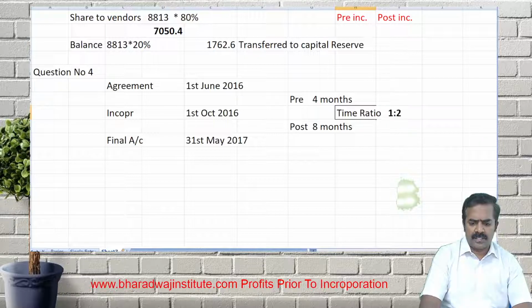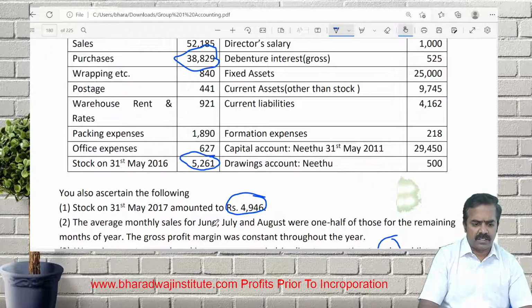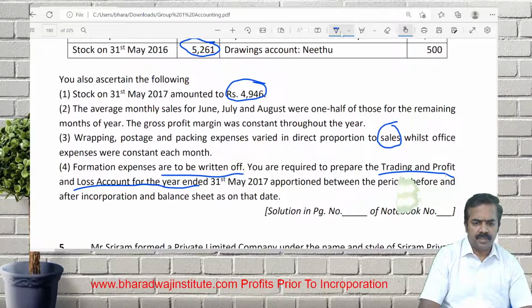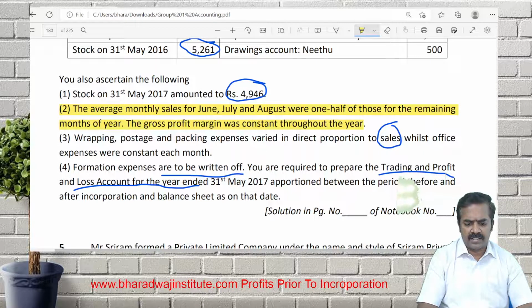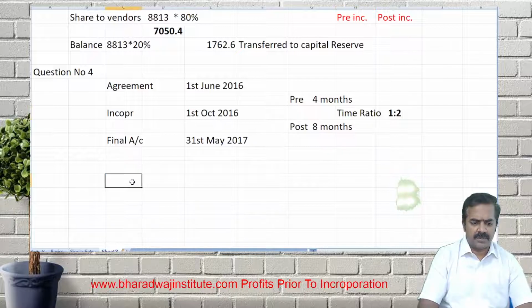Try to work out the sales ratio for this period. Based on which adjustment? Adjustment number 2 talks about how the sales happen, so try to work out the sales ratio.